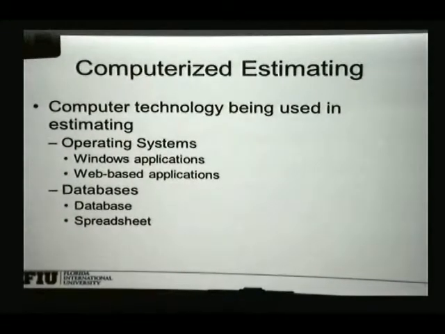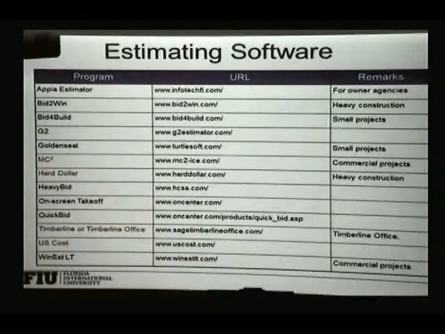There is a lot of estimating software out there. It depends on the operating systems, if it is a Windows application, so you have it in your computer, or if it is a web-based application. There are several different types of software that you can find. Here is a table that I put together some time ago.